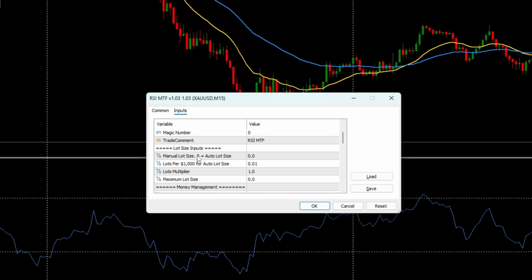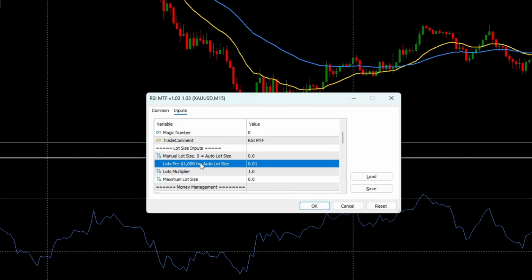Here we have a section for lot sizing, and in this particular case, we can manually enter a lot size. So we can just say 0.01 lots is the lot size. But this also has an option to automatically calculate the lot size based on the balance of your account. The particular setting here is 0.01 lots for every 1,000 of your balance.